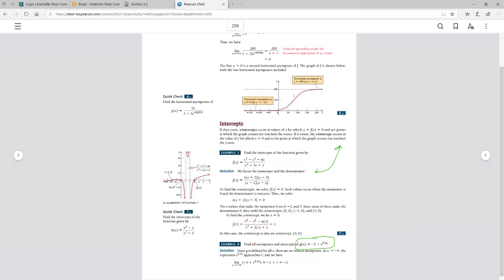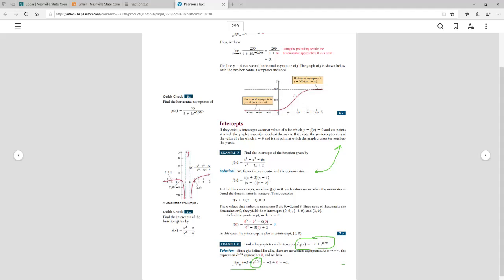Well, if we evaluate the limit as x approaches negative infinity, we can see that since we have a negative infinity, we would have a limit of 0.